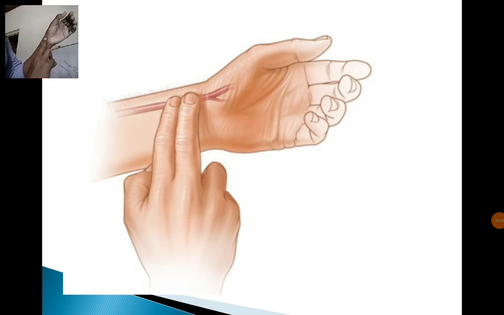Do you feel the pulse? Can you do it with me? Try it. We locate the exact site on the wrist where we feel the pulse, pushing the finger slightly.